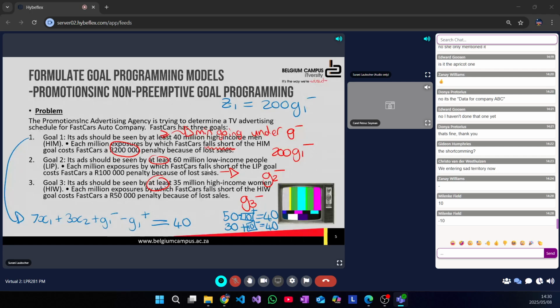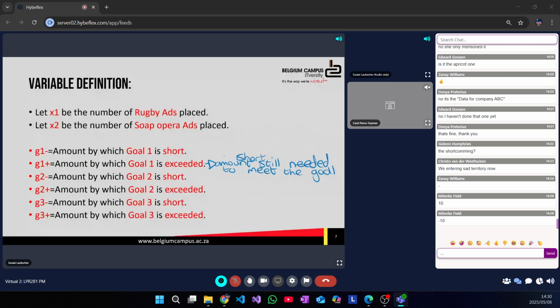Hopefully no one will punish you and it will be plus for exceeded, but you have to check. If they're saying that is the amount that's still needed, it's referring to short. It's referring G1 plus to short. If something is short, like 30 out of 40, will I be subtracting?